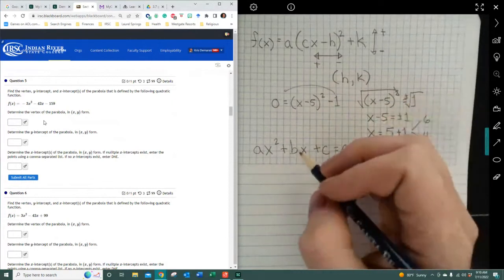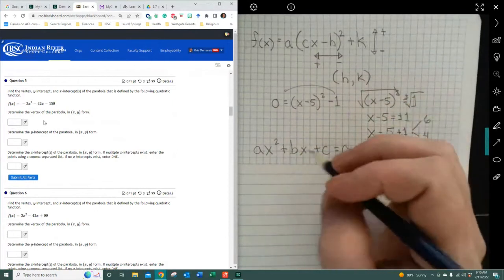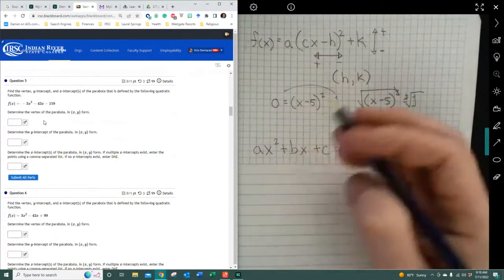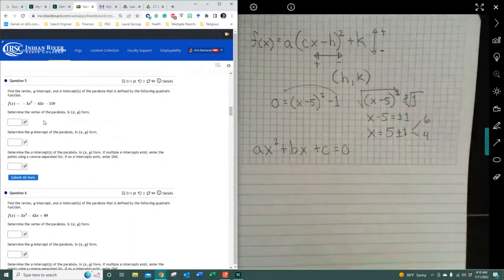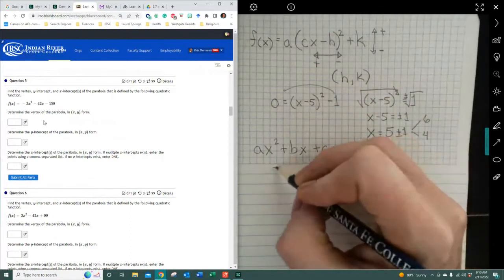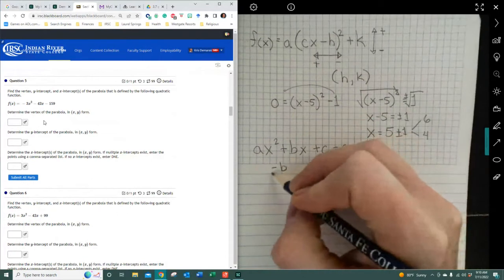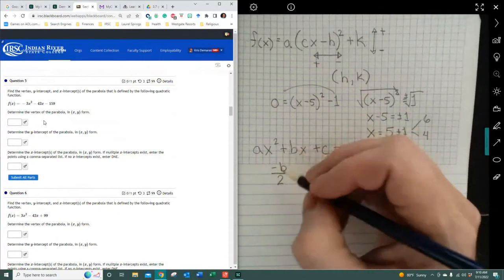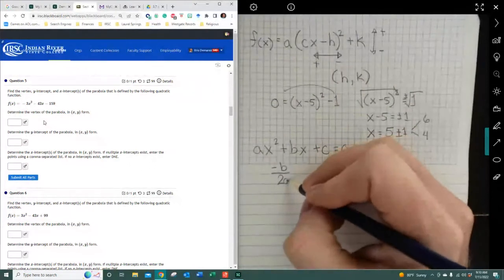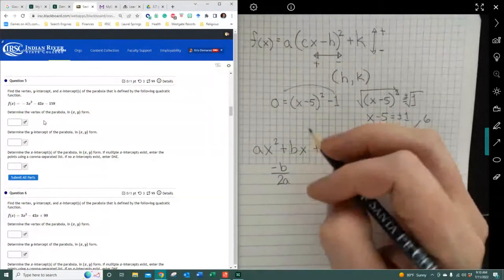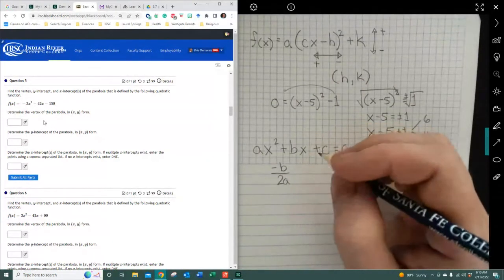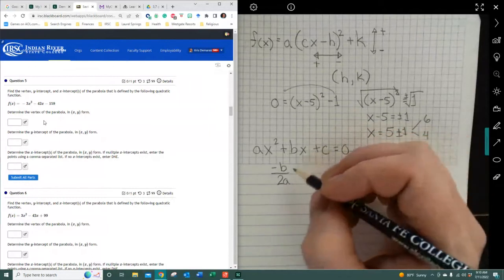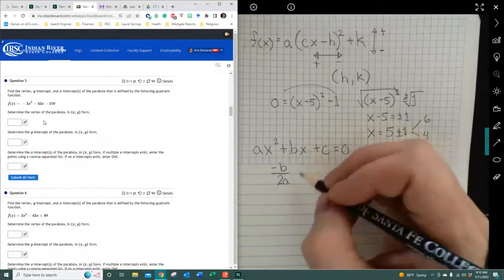equals 0. Now the way we find the vertex is we take the opposite of b, divided by 2a. So this is part of the formula for the quadratic equation.